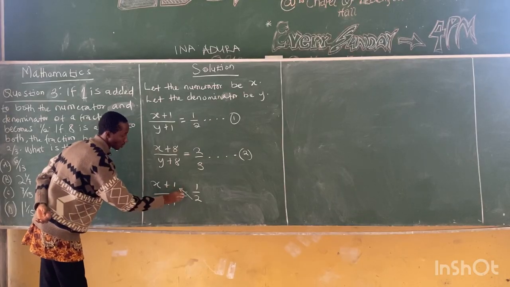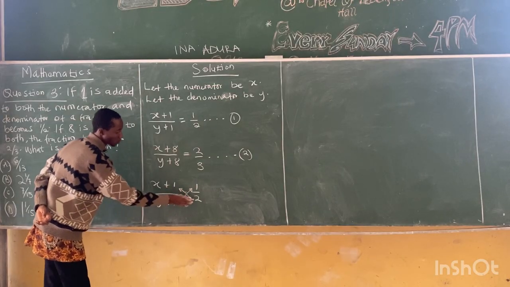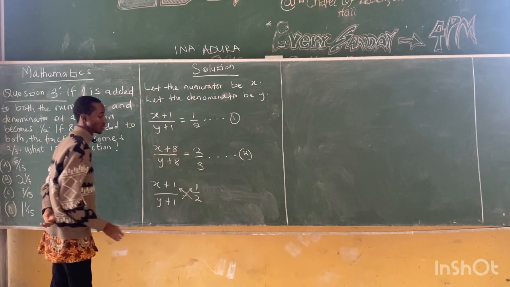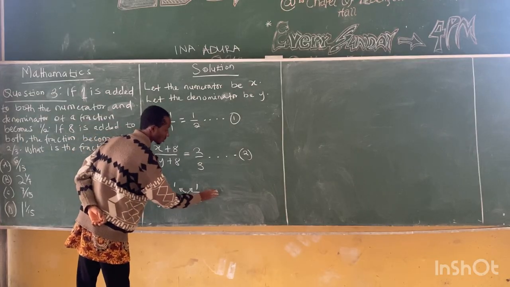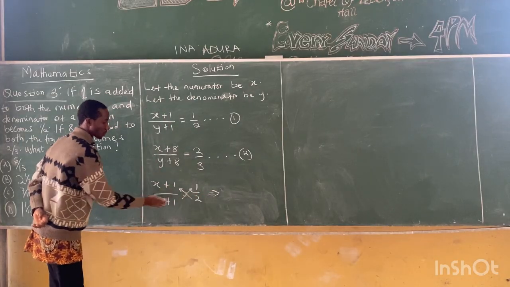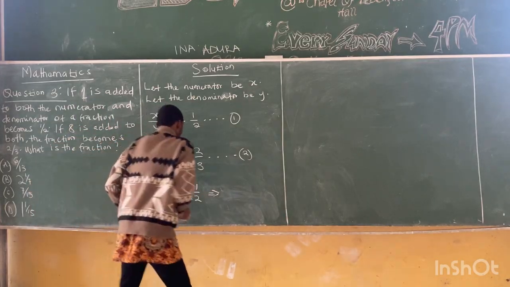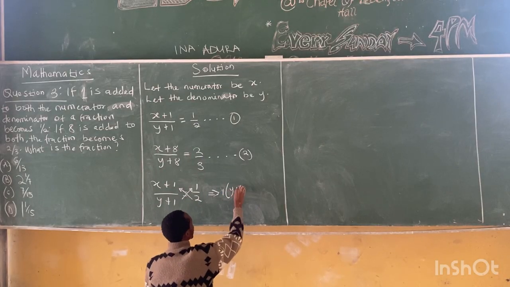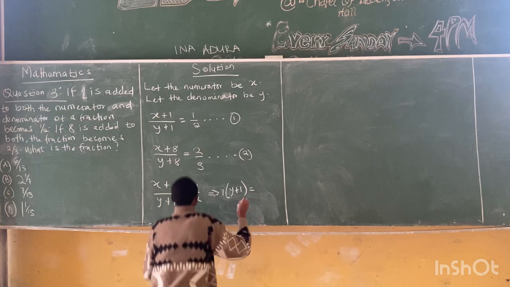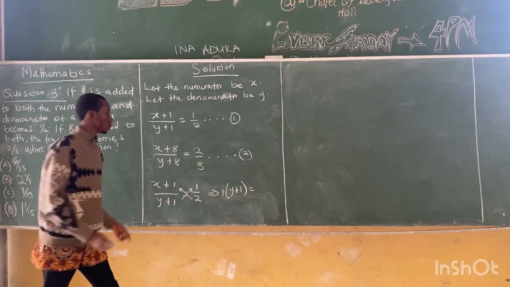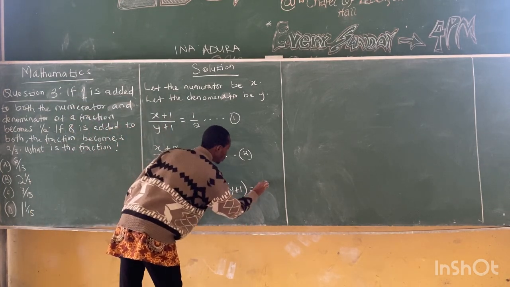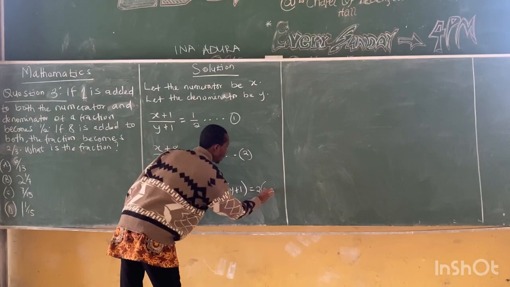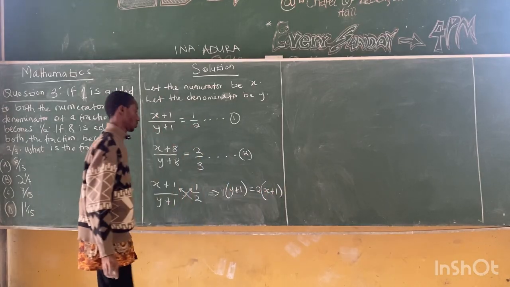Cross multiplying, 1 multiplies y plus 1, equal to 2 times x plus 1.